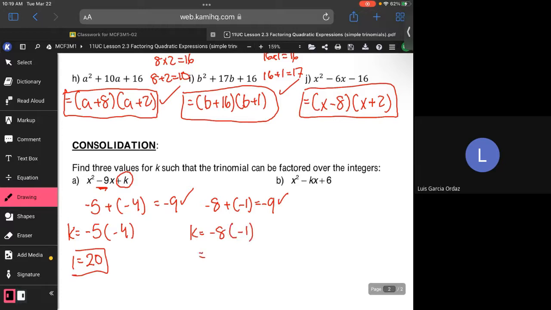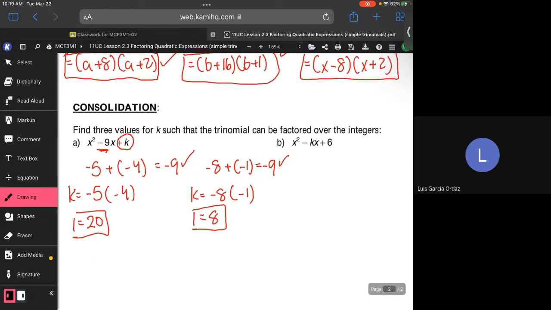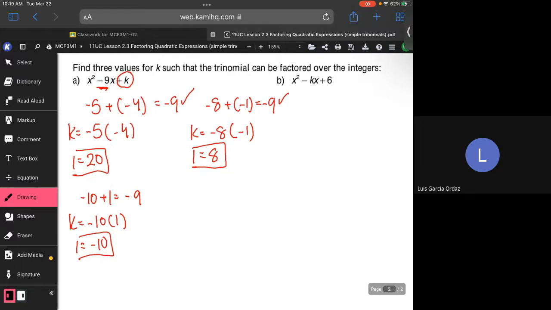So what does k have to be as well? 8. And someone find me one other way to add to -9. -10 plus 1. So now k can be -10 times 1, which gives me -10.